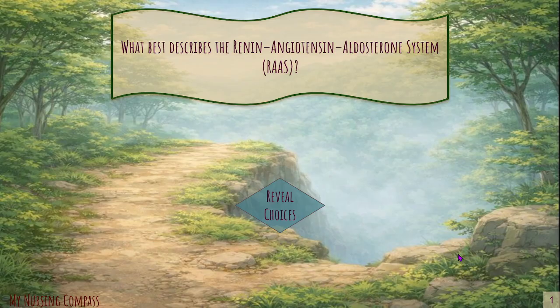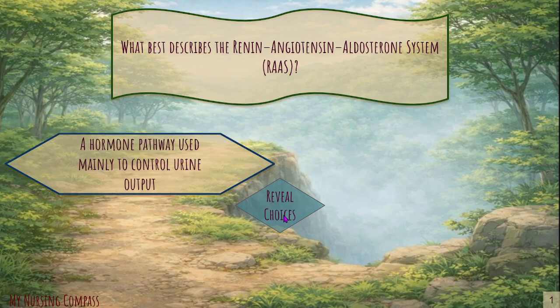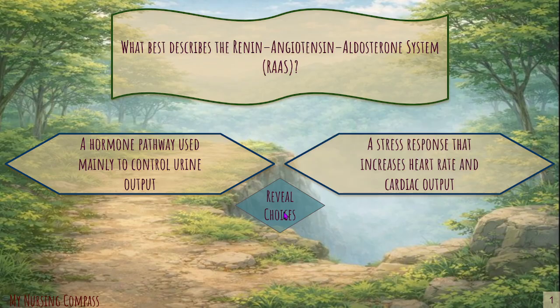What best describes the Renin Angiotensin Aldosterone System, also known as RAAS? A, a hormone pathway used mainly to control urine output. B, a stress response that increases heart rate and cardiac output.